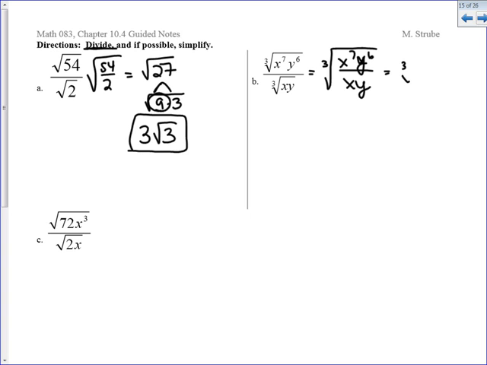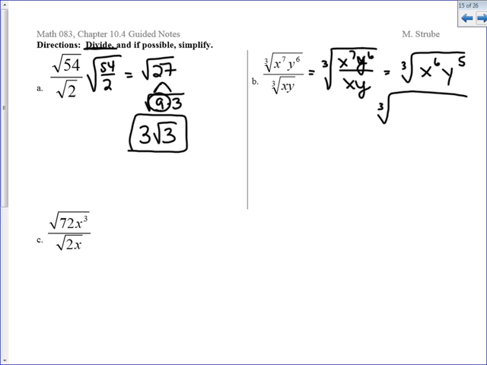So I'm going to have the cube root of x to the 6th, y to the 5th. And now we want to simplify it. So I'm going to do one line where I either bring things down or split things up, and then one line where I simplify them.